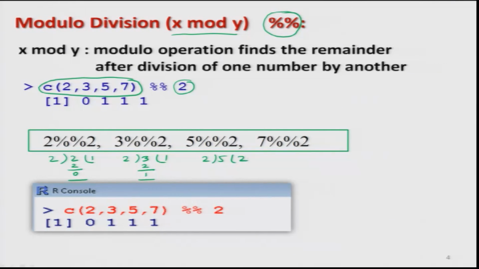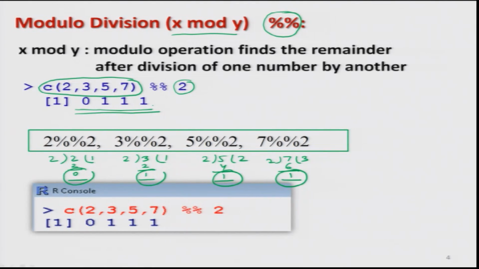Similarly, 5 divided by 2, 2 twos are 4, the remainder comes out to be 1, and 7 divided by 2, the answer comes out to be 3, since 2 threes are 6, and the remainder is 1. Now this 0, this 1 and this 1, which are the remainders, are reported here as 0, 1, 1, 1.